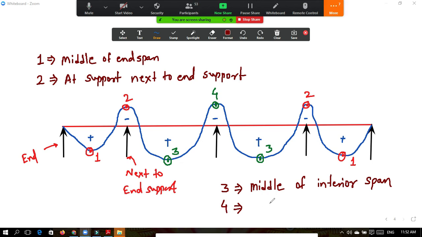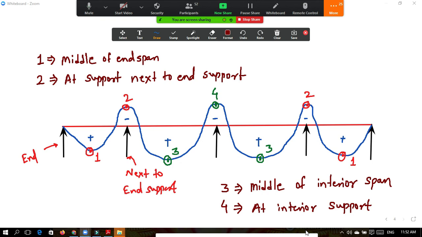And this is point 4, which is at the interior support. So I have given the naming of all the 4 supports also.